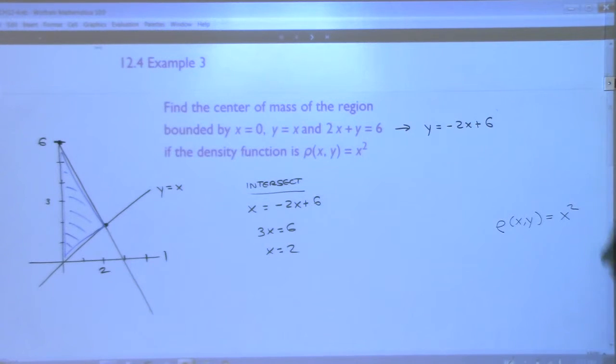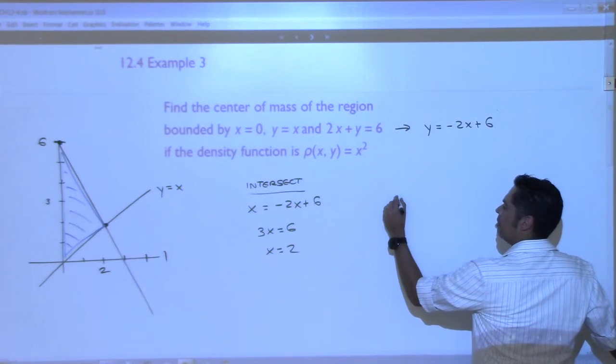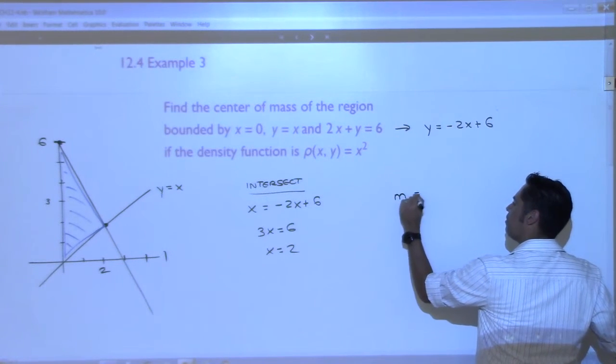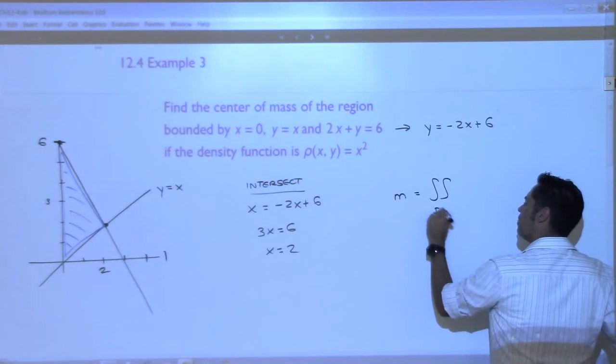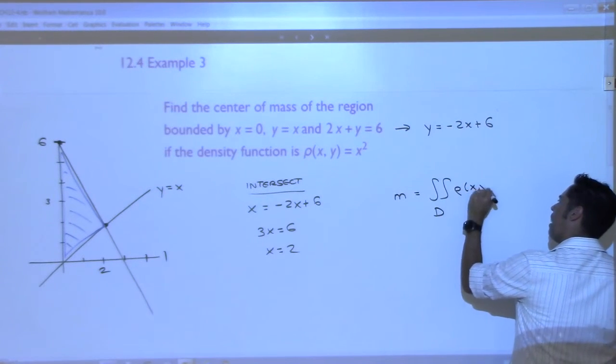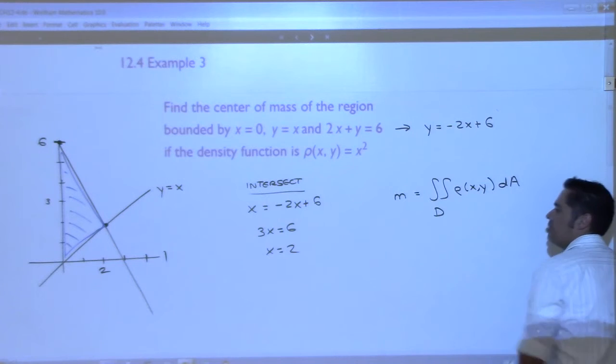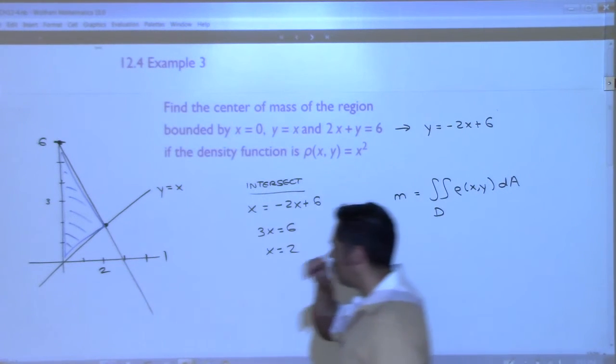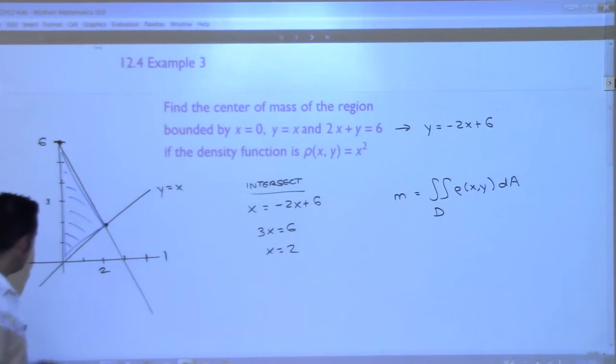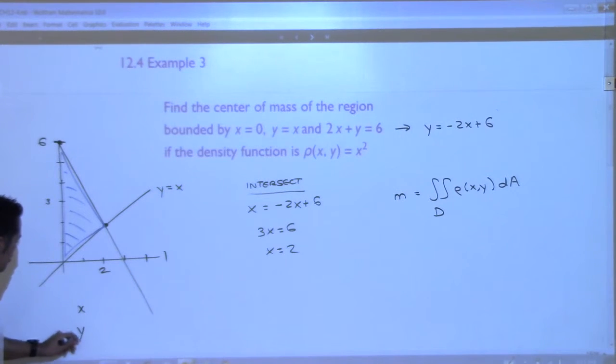So we need to calculate a few things. Let's get the mass first. The mass will be equal to the double integral over D of rho of xy dA. So we need to look at this as a type 1 region. What are the restrictions on x? What are the restrictions on y?